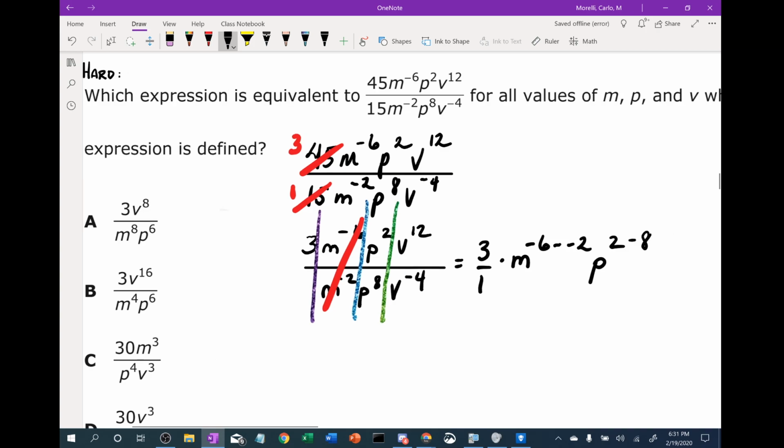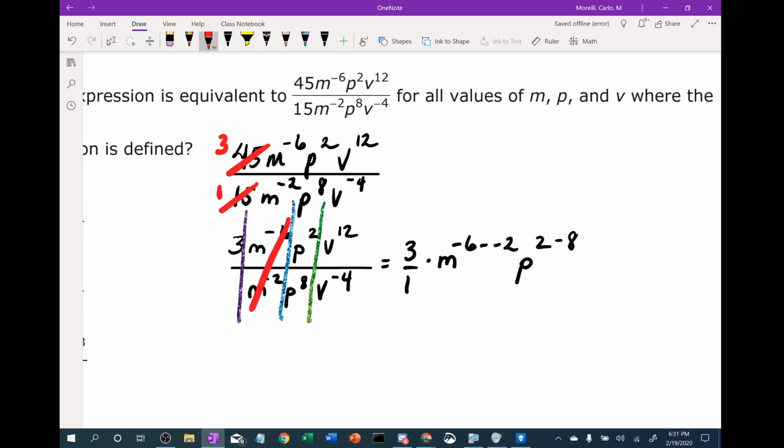Okay. And that takes care of these guys right here. So I've gotten rid of the 3, the m's, and the p's. Now I just have to deal with the v's. V to the 12 minus negative 4. And now I've gotten rid of the v's. Okay.